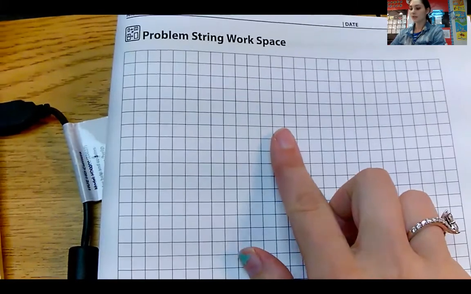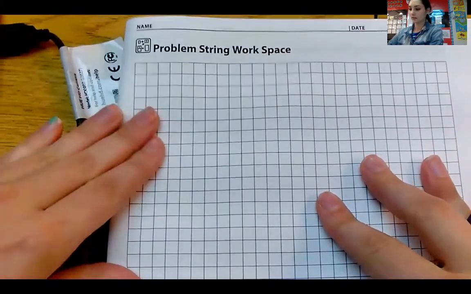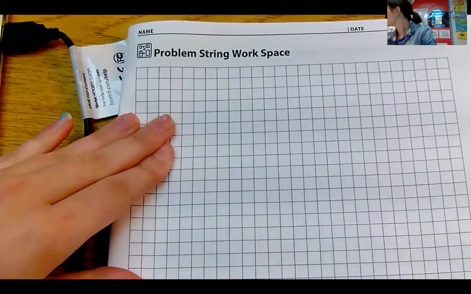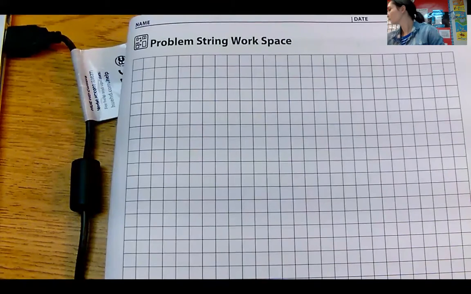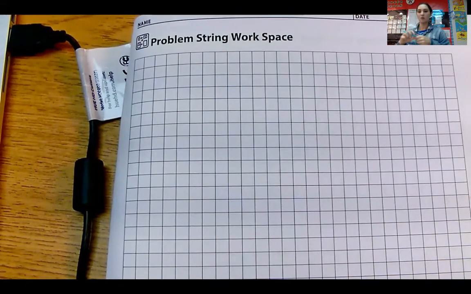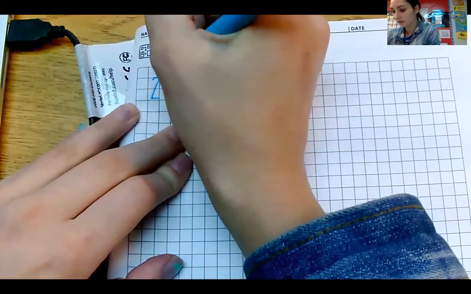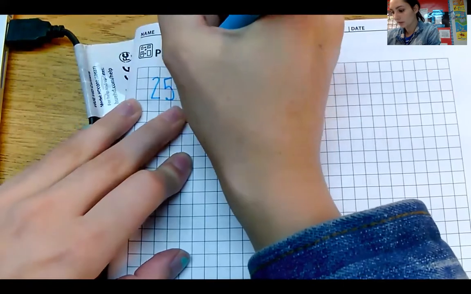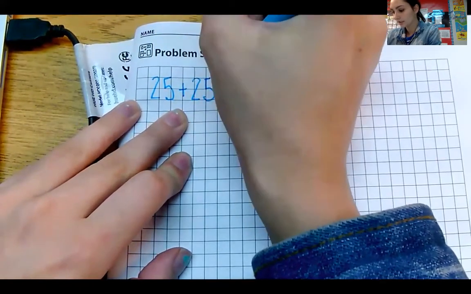So what we're going to do today is we're going to look at the equation 25 plus 25, which is a doubles.